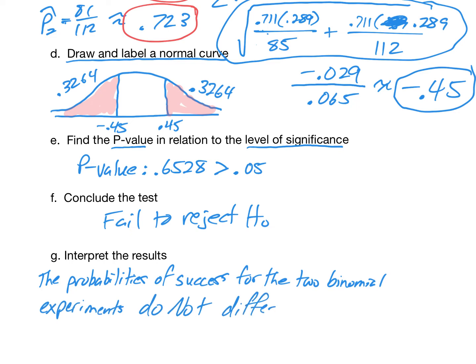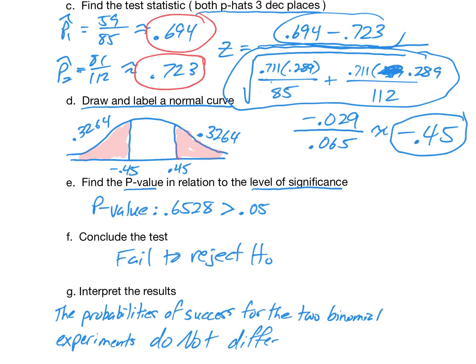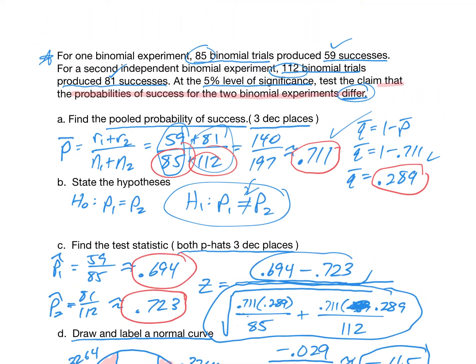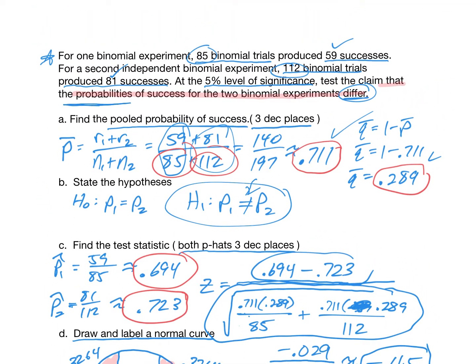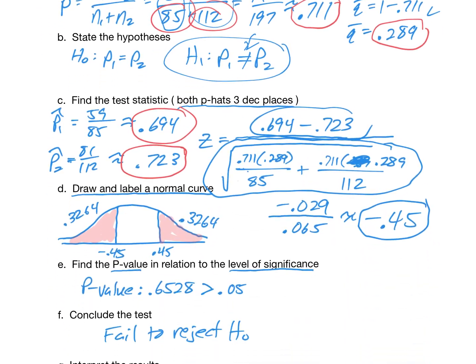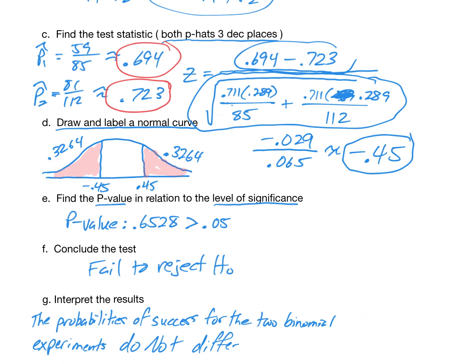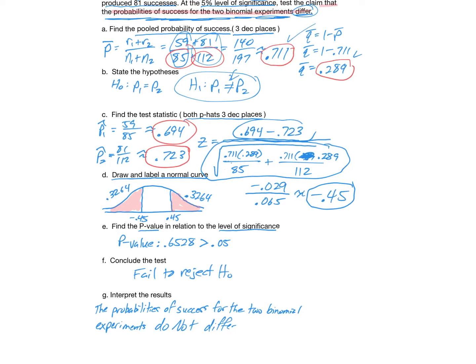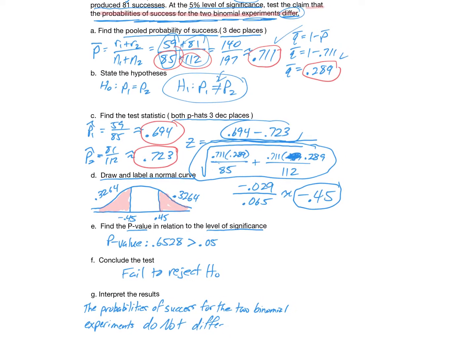Do not differ, not differs, do not differ. While I'm videoing, I'll come up here and show you the words I wrote. The probabilities of success for the two binomial experiments do not differ. Okay, so it's the exact same words in the problem. So let me shorten this up here so we can see everything.